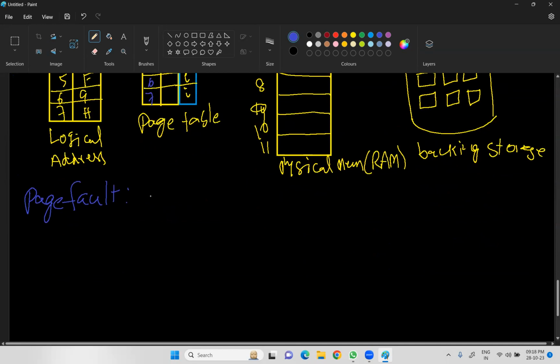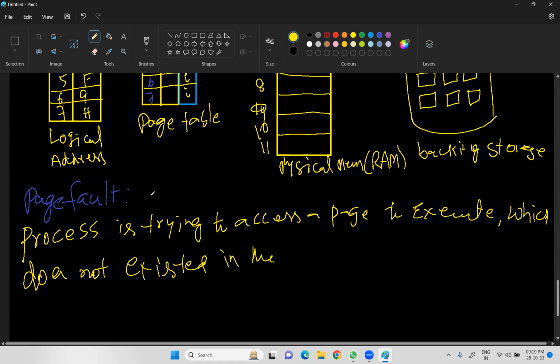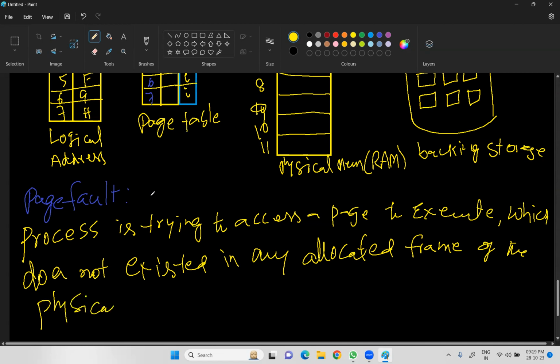A process trying to access a page to execute, which does not exist in any allocated frame of the physical memory, is called a page fault.